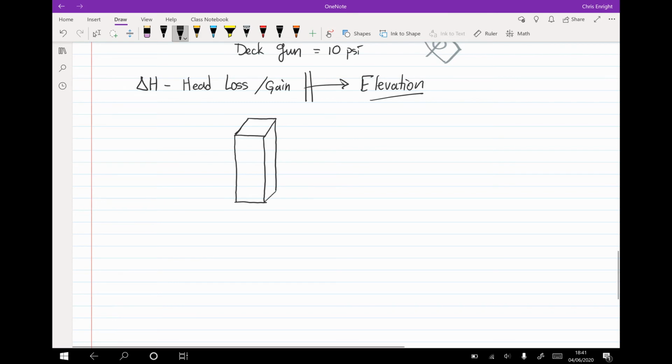So 1 inch, and then this is another inch. Okay, so 1 square inch of area, and then this is over 1 foot, and that is entirely full of water.